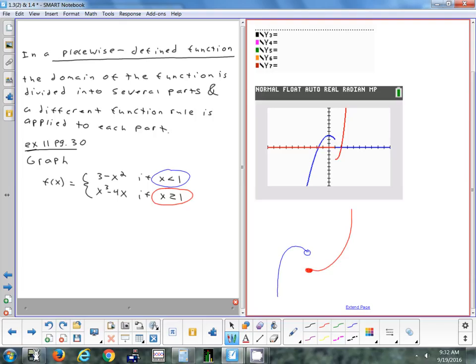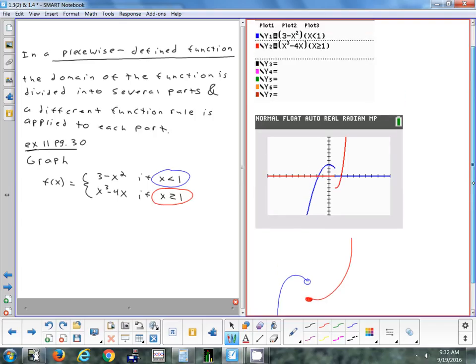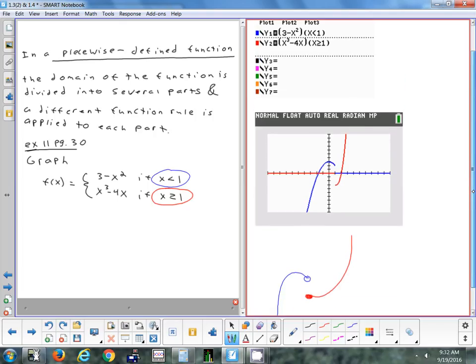A lot of times piecewise functions aren't connected. They're two separate pieces. So the first part is a parabola, and then the second part is a cubic function from there. Any questions on how to type that in?